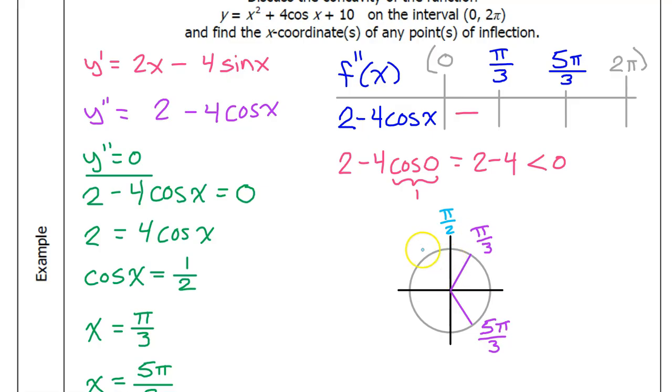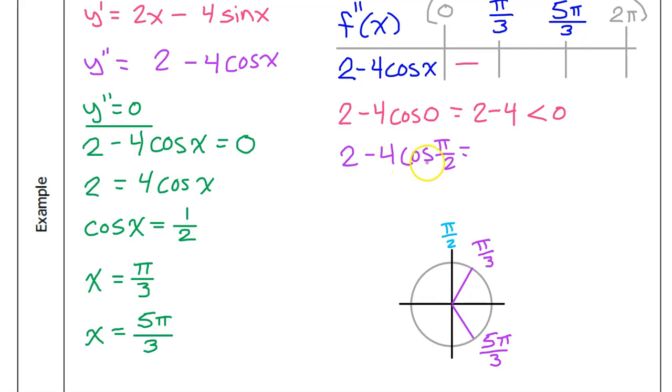Very convenient. Plugging in pi over 2 gives us this, and as I said, the cosine of pi over 2 is 0, which wipes out this whole term, leaving behind simply 2, which obviously is greater than 0. It is positive. So f double prime is positive in the middle interval.